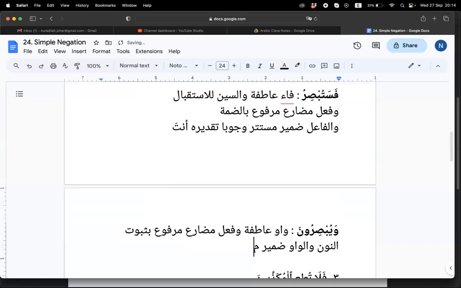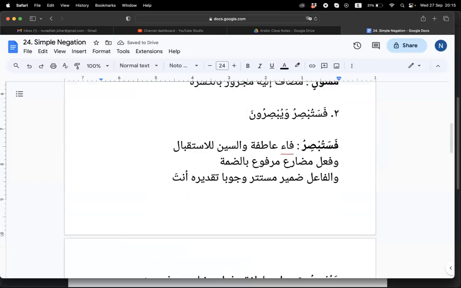Mustatir means it's hidden. It's not hidden, you can see it. So is it munfasil, muttasil, or mustatir? Muttasil, because it's attached at the end. Muttasil fi mahalli rafa', yes, because this is the fa'il.